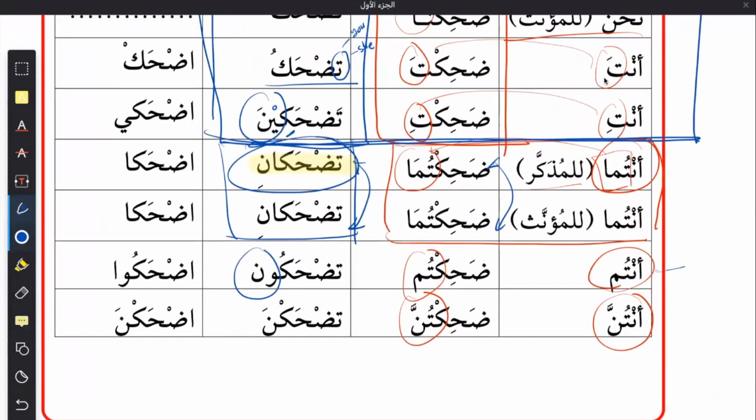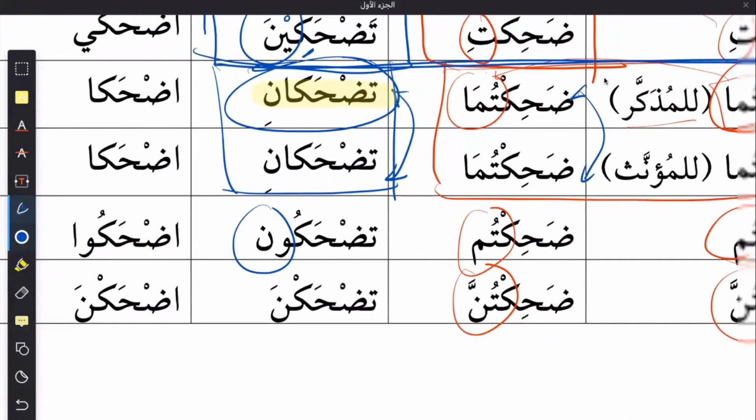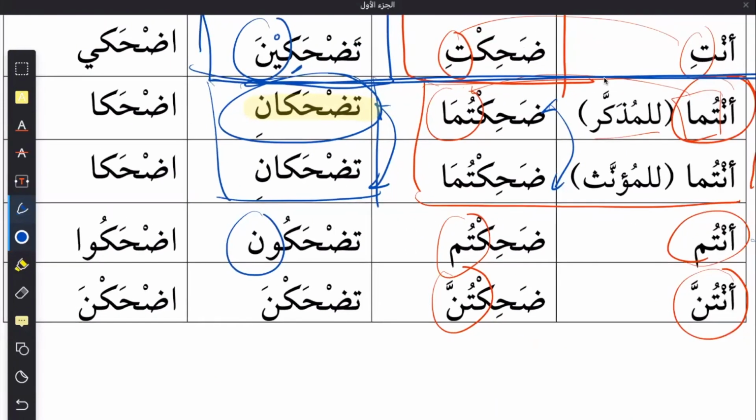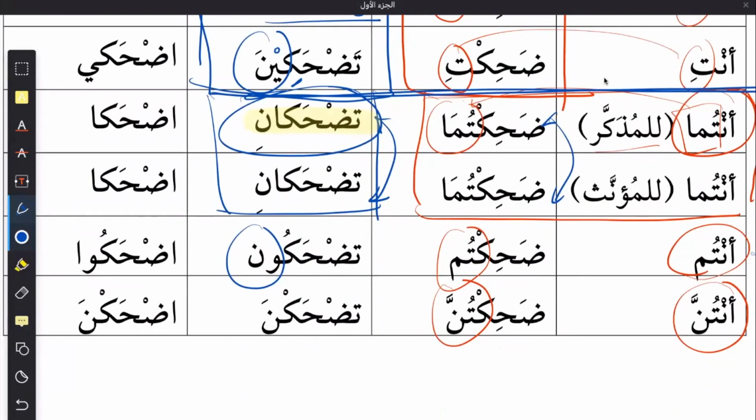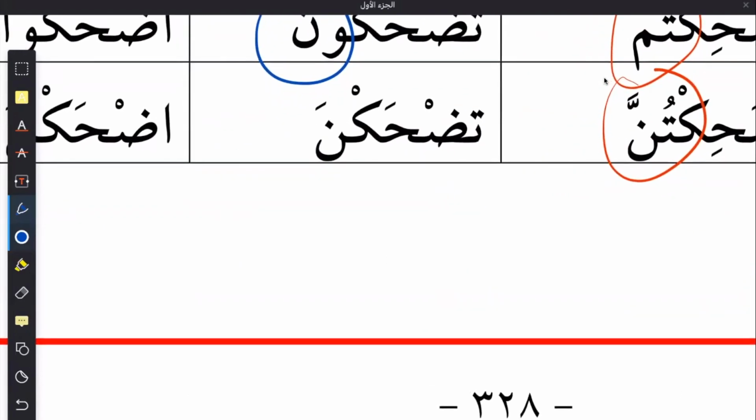Okay, so number one, antum is masculine and it is plural. You get it? To be honest with you, this is not only for the second person. This waw noon is also for the third person. They're not teaching you this, but it doesn't harm to show you right now.